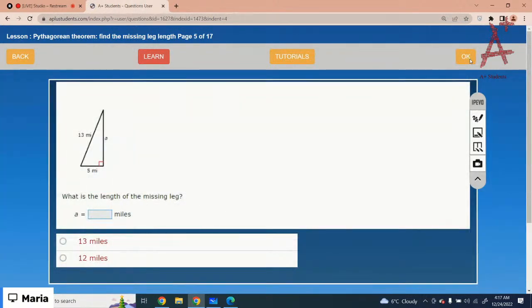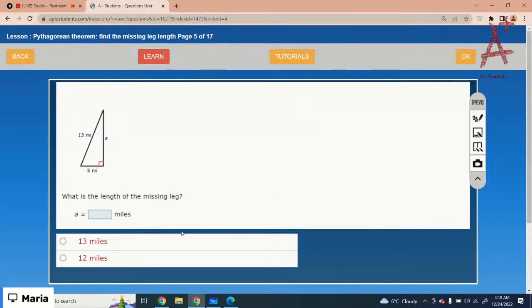Okay, what is the length of the missing leg? It would be 13 squared. 13 squared is 169. 169 minus 25 is 144.